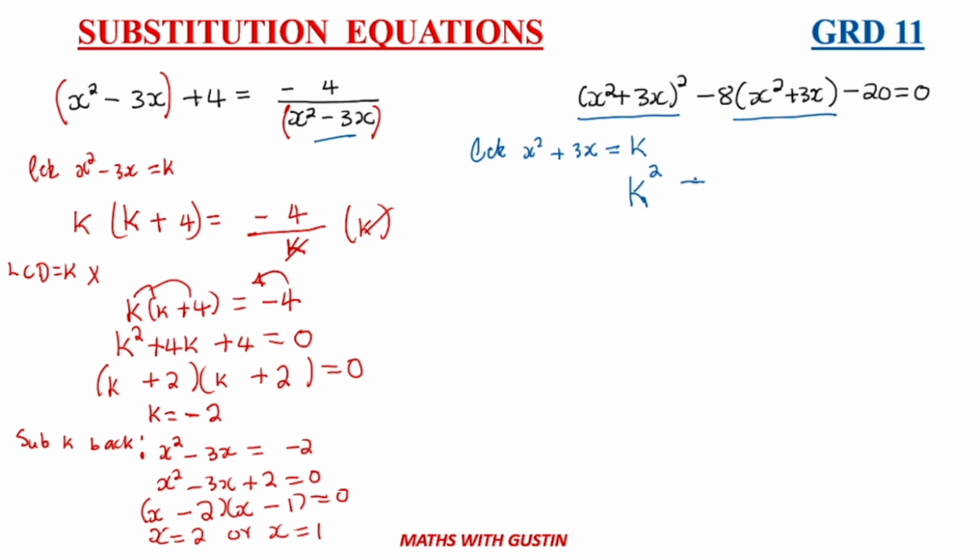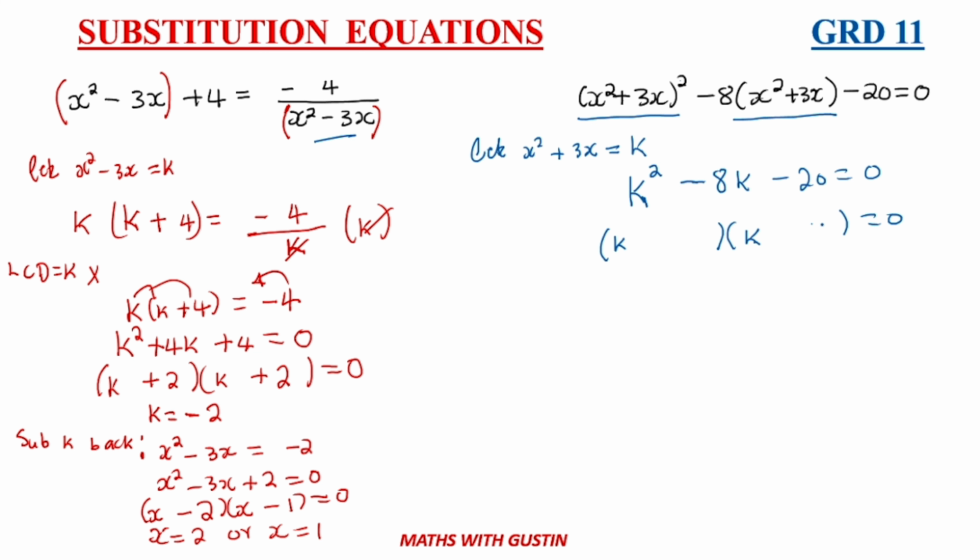So we have got -8 here, and then here we are putting k, and I wanted to put a bracket again. The -20 is equal to 0, so right here we're going to have to factorize this trinomial. You're going to have k there, and another k there. What are the two numbers that when you multiply them together give us 20?